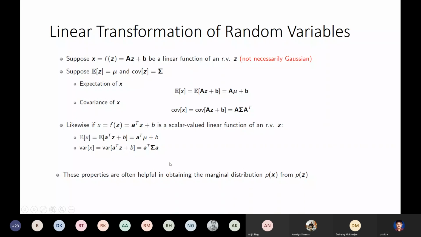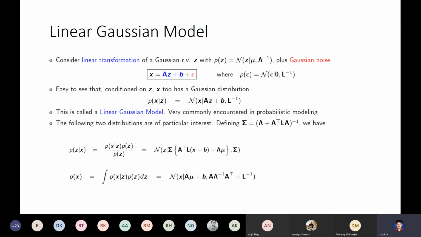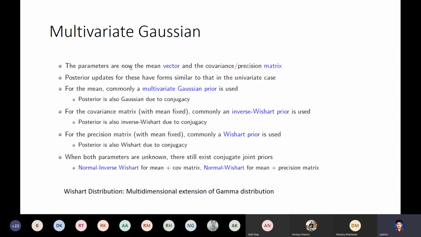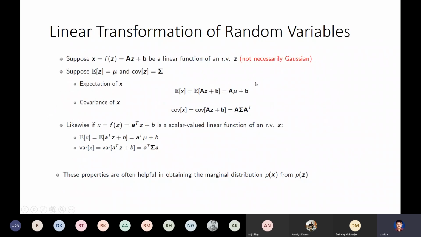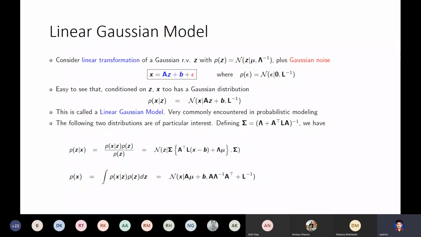Okay. I have said before that you can always get the marginal distribution of x given z. So it's like one variable is known, what is the other variable? If we combine this linear property and this previous thing, you get something called a linear Gaussian model, which says that you have one random variable z, which is Gaussian, and you have two constants a and b.